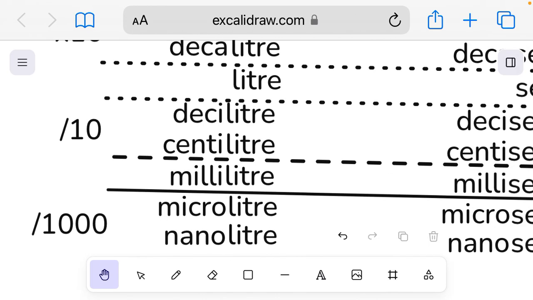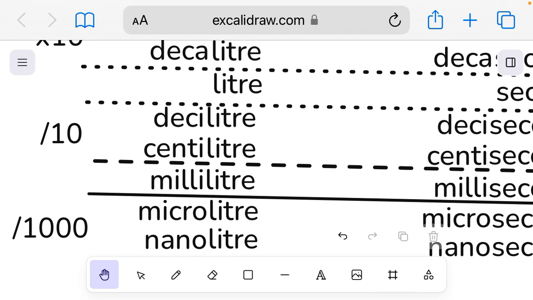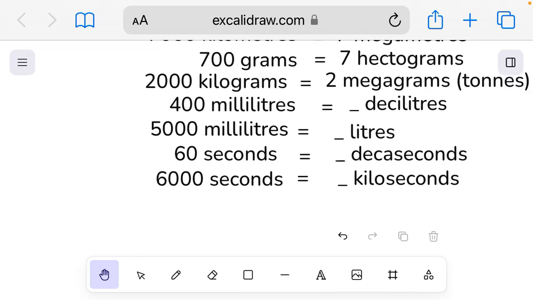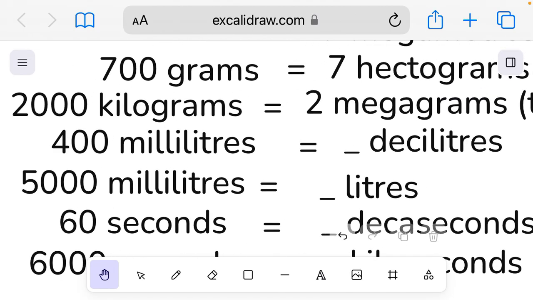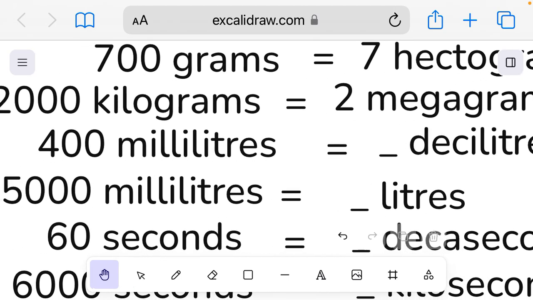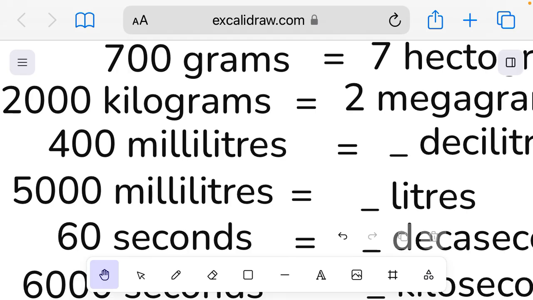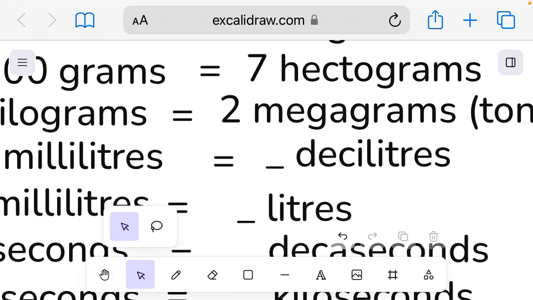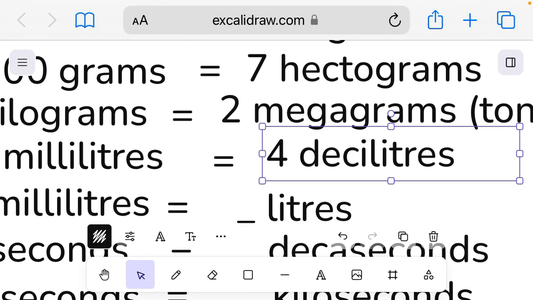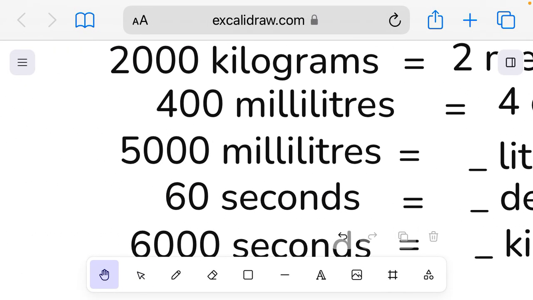So 1 deciliter equals 100 milliliters. Sorry about that long explanation. So 100 milliliters equals 1 deciliter. That means 400 milliliters equals, yep, you got it, 4 deciliters.